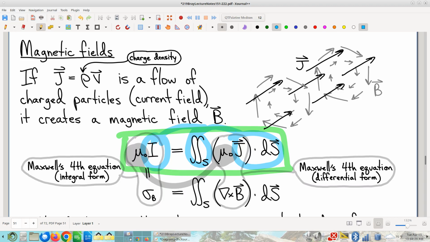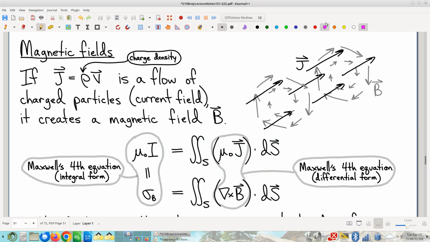I'll say that was the motivating example. And current literally says how much of this charged fluid, let's say electrons, but in general charged particles, how much per unit time is passing through a given surface. That's exactly what current is. Okay, so the top equation, again, is kind of a freebie.